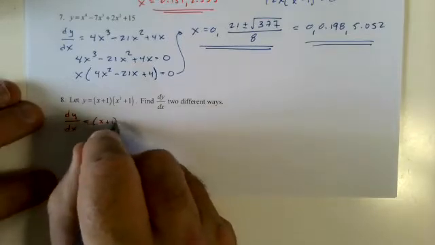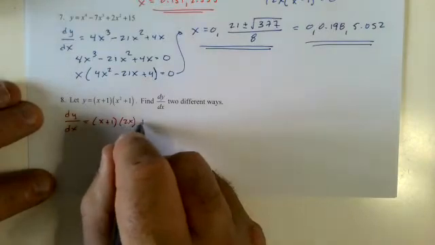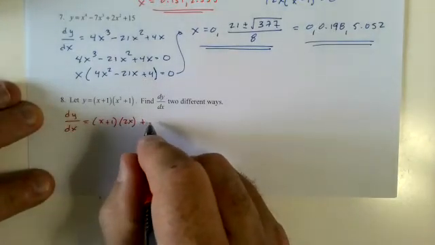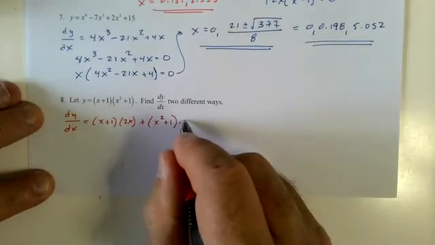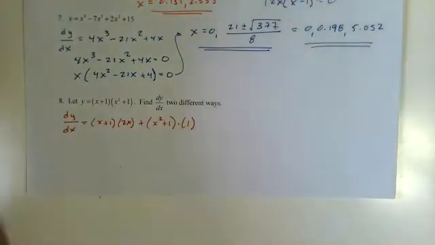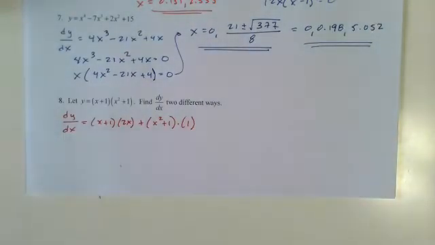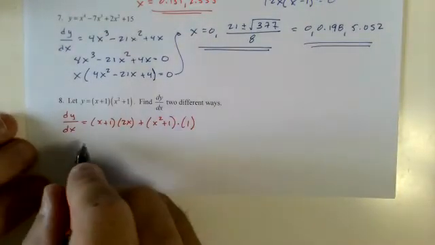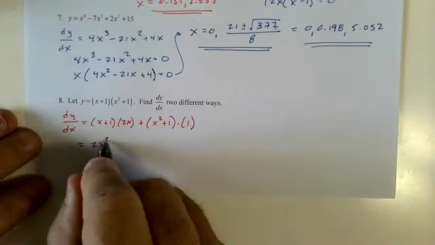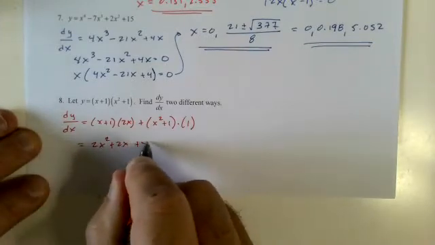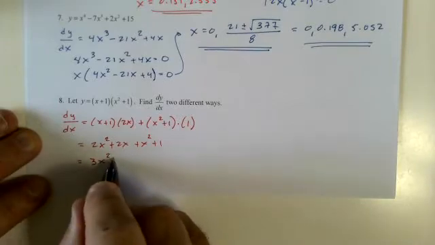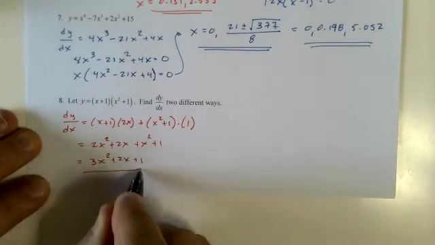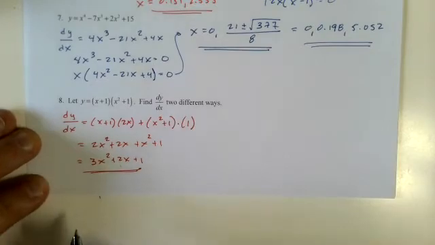Leave it, derivative, plus, leave it, derivative. So let's simplify that. x squared plus 2x plus x squared plus 1 equals 3x squared plus 2x plus 1. That's one way.